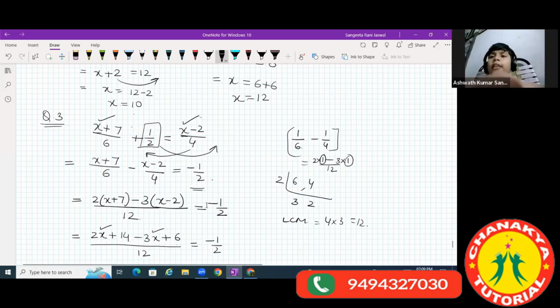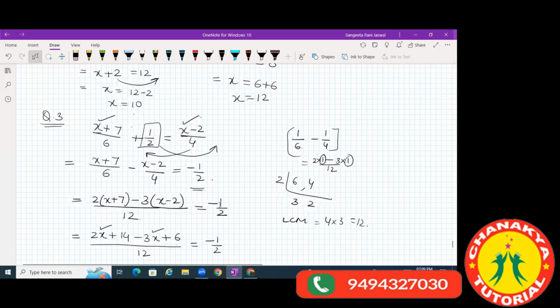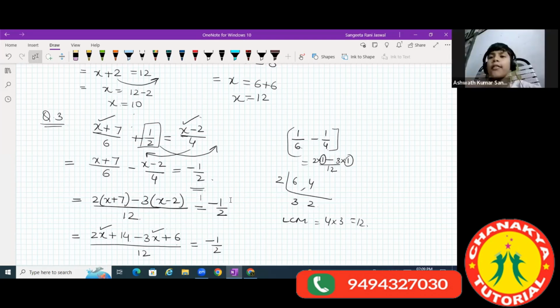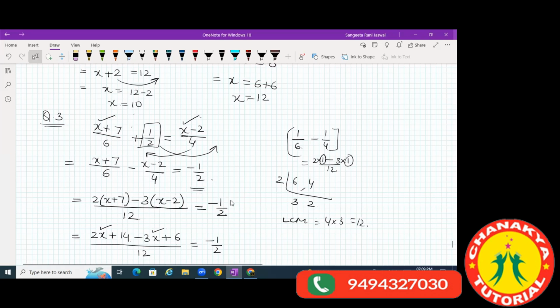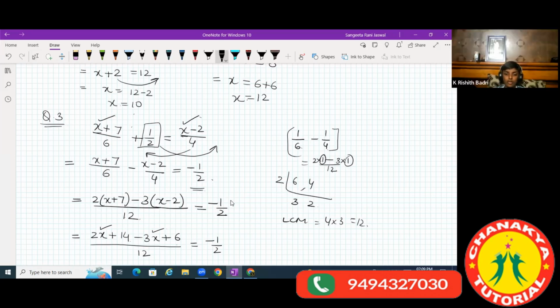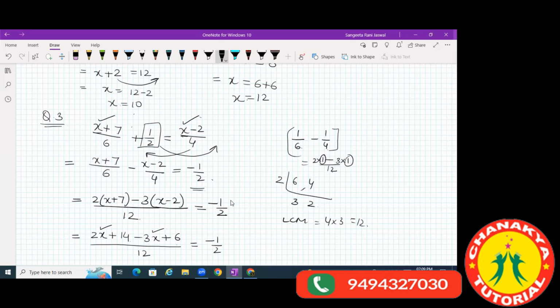Ma'am, does the negative carry to the whole fraction or only to the 1? It's the whole fraction, minus 1/2. What is the confusion, Ashwin? We have just taken the 1/2 fraction to the other side.